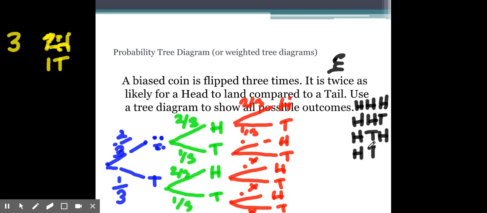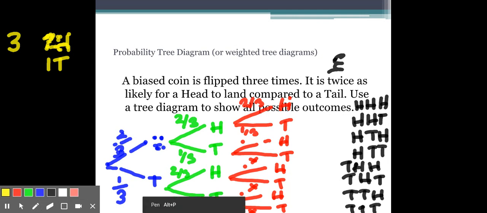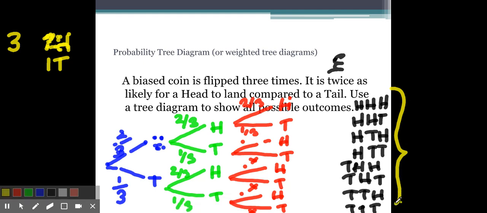Head, tail, tail. Tail, head, head. Tail, head, tail. Tail, tail, head. And tail, tail, tail. So the list of the sample space is the same.